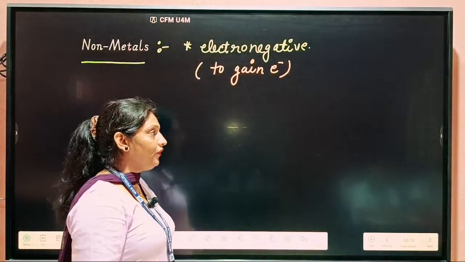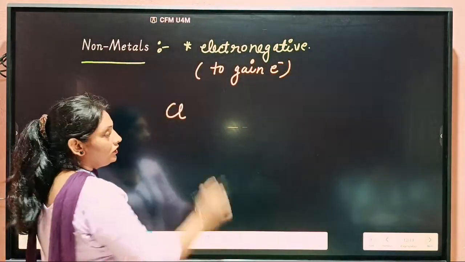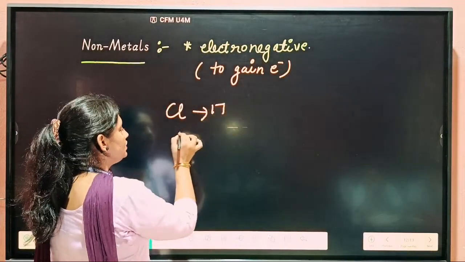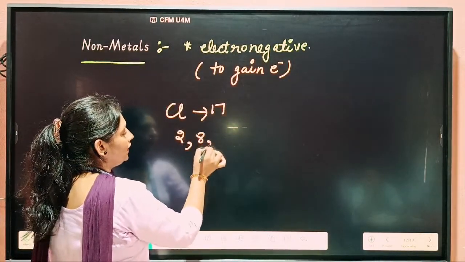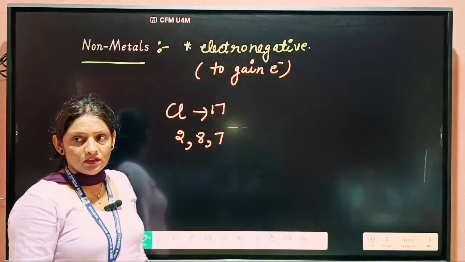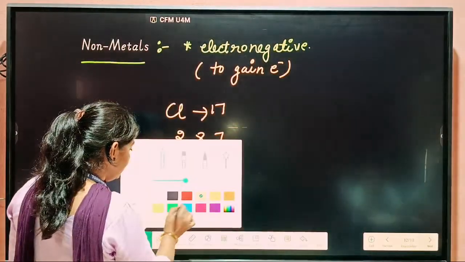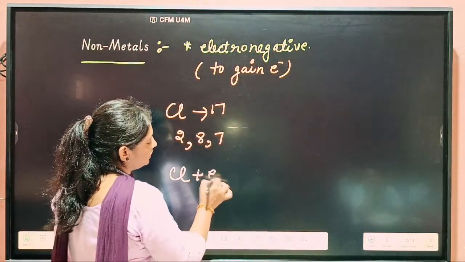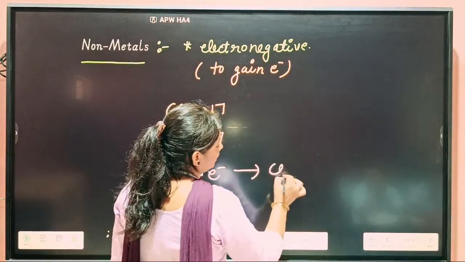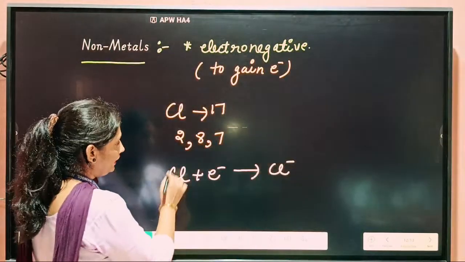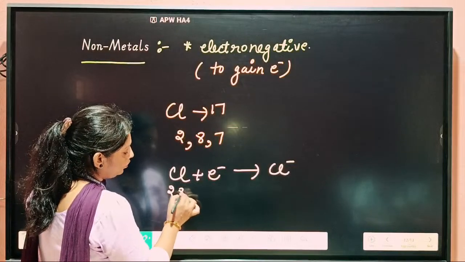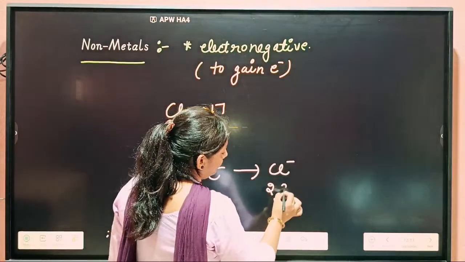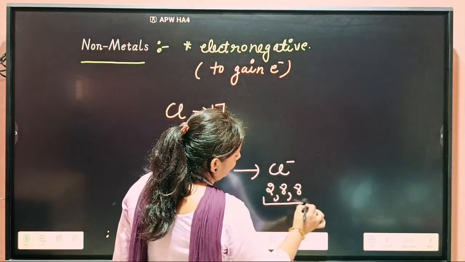For example, if I talk about chlorine, what is the atomic number of chlorine? It is 17. What is the configuration for this? 2, 8, 7. Students, after gaining one electron, it can convert into Cl negative. Here it is 2, 8, 7. If it gains one electron, then its configuration is 2, 8, 8.